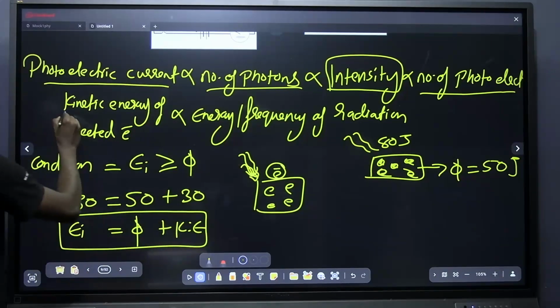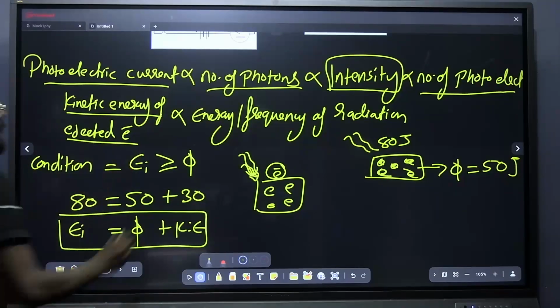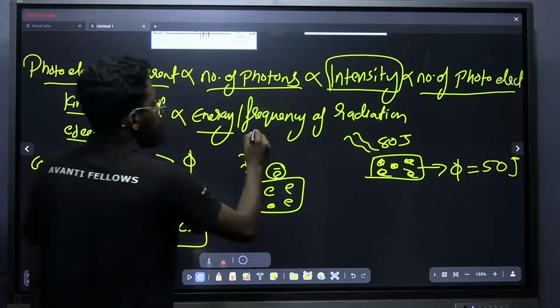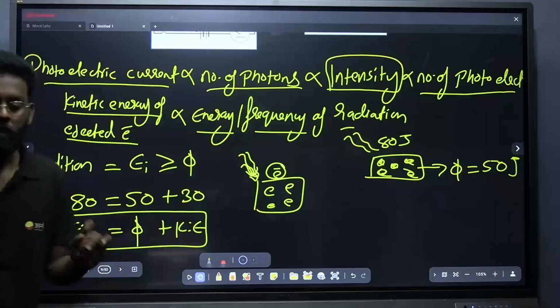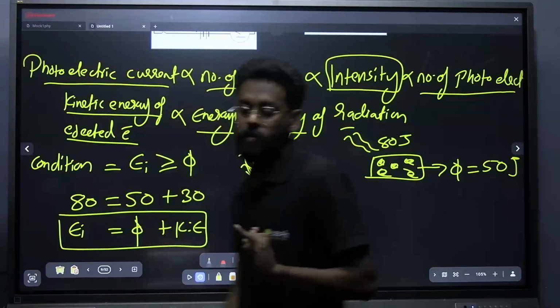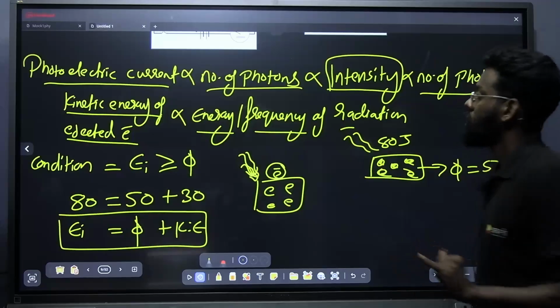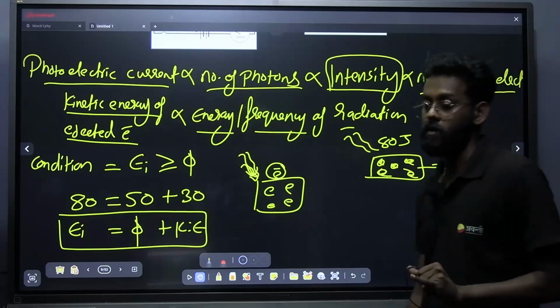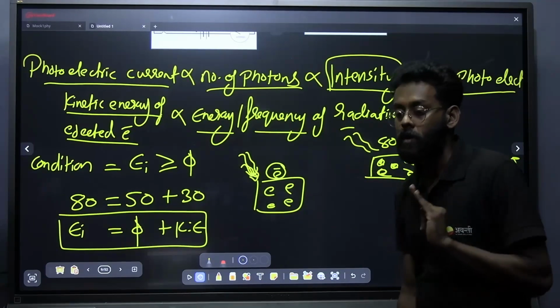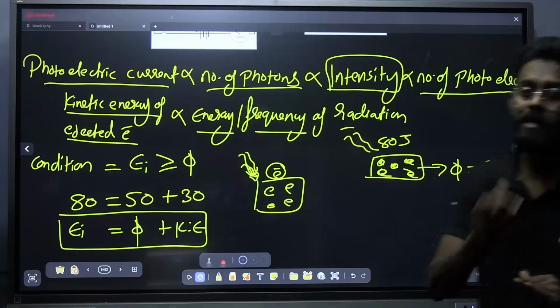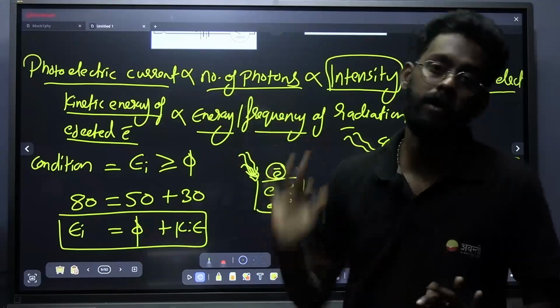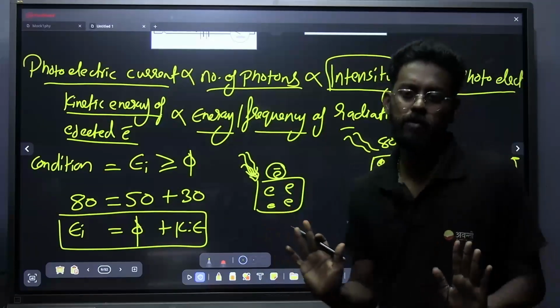That is what I mentioned here. Kinetic energy of ejected electron is directly proportional to energy or frequency of the radiation. If I am increasing the frequency or the energy, then kinetic energy is increasing. If I am increasing the intensity, the number of electrons ejected will be increasing. Those are the two points required for this.